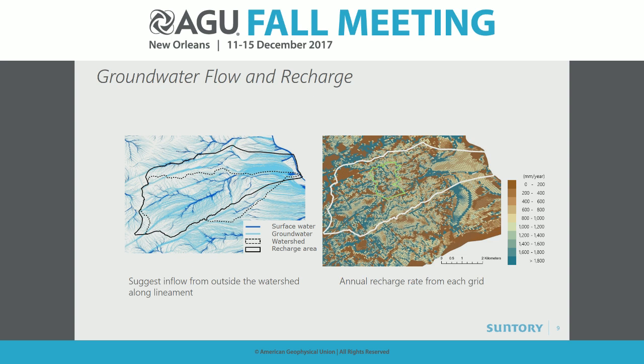This figure suggests an inflow of groundwater from outside, from the next watershed along the lineaments. This kind of line shows the lineament around this area. So we can know the local water cycle, and we can assess the groundwater recharge rate from each grid.